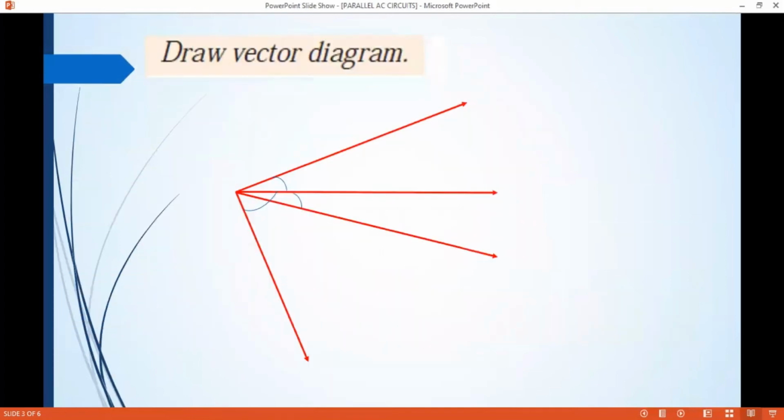So here, this is our vector diagram. So we have here the labels. First is our total current, which is 15 ampere. As we can see in the last slide, we have the 15 ampere. The angle of the 15 ampere is 0.